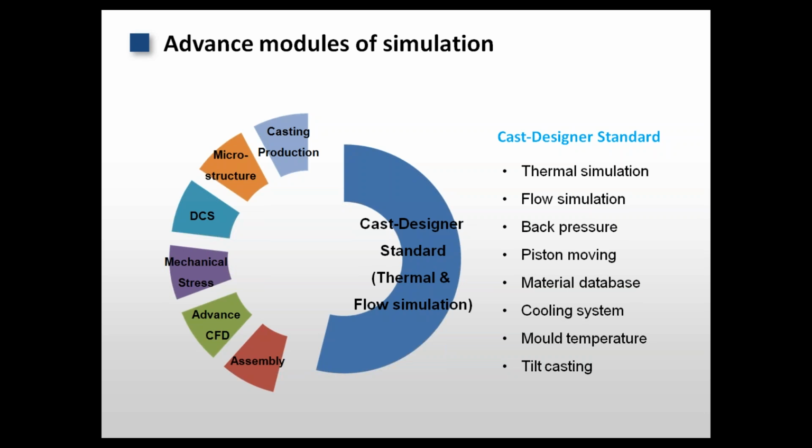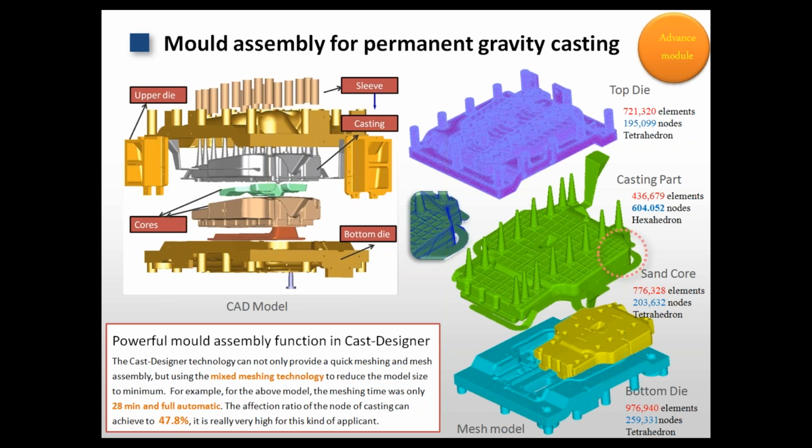Now let's take a look at the mold assembly for the permanent gravity casting industry. We could mesh all the components together, including the die, the cores, the casting, the sleeve, all those things can be meshed together, and all the mesh nodes on the interface are connected.